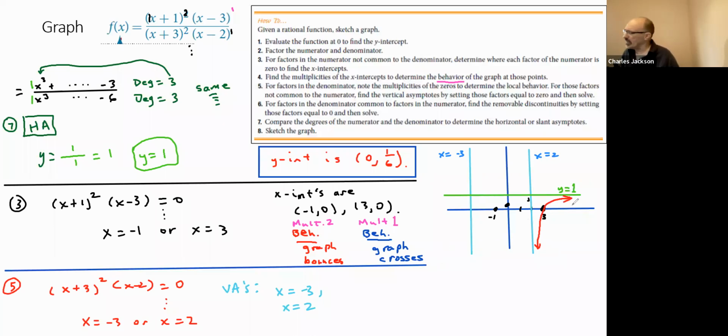It's possible that it would intersect the horizontal asymptote. That is possible. It's not possible to intersect its vertical asymptote, but it is possible that it would intersect its horizontal asymptote. So we could set this whole thing equal to 1 to figure out whether the graph intersects its horizontal asymptote.